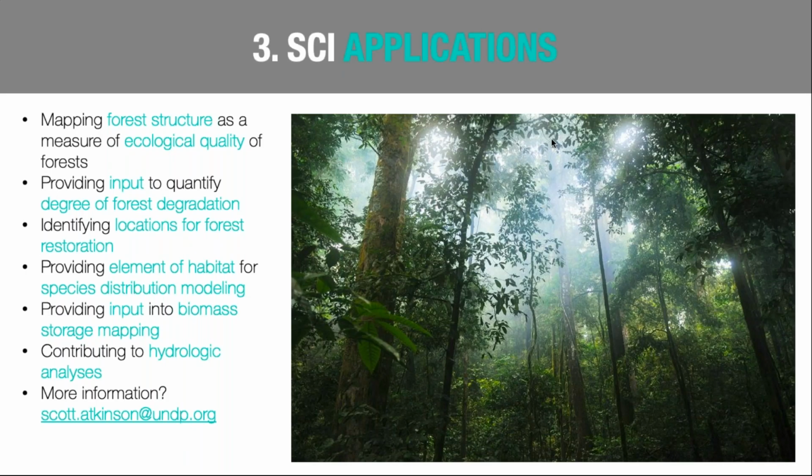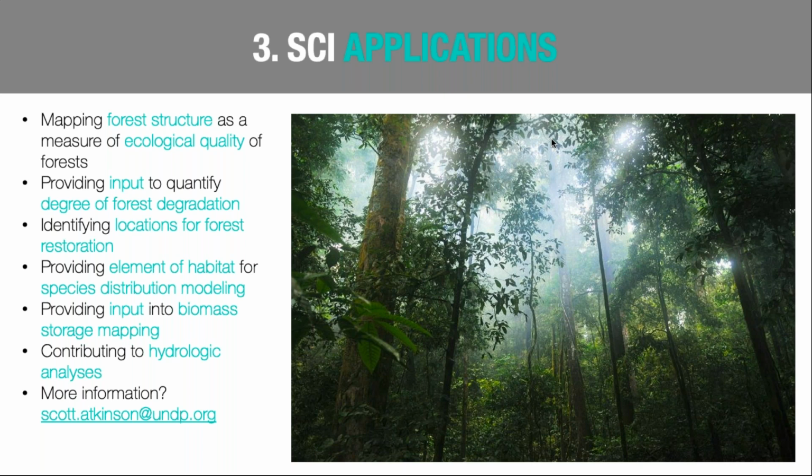These applications would include mapping forest structure as a measure of ecological quality of forest, providing input to the degree of forest degradation, identifying locations for forest restoration, providing inputs into species distribution models, trying to map biodiversity storage, and then also contributing to analyses of hydrology and water cycles.